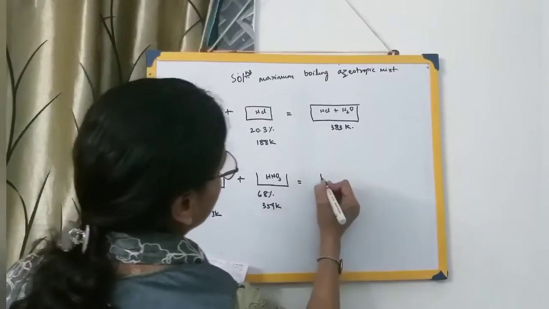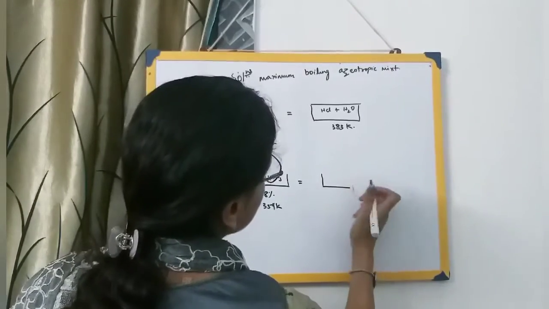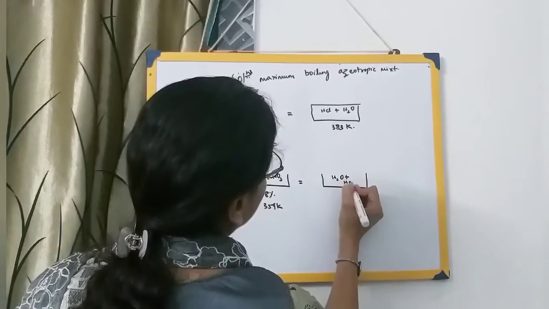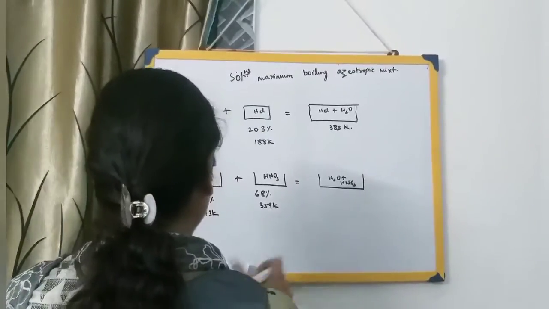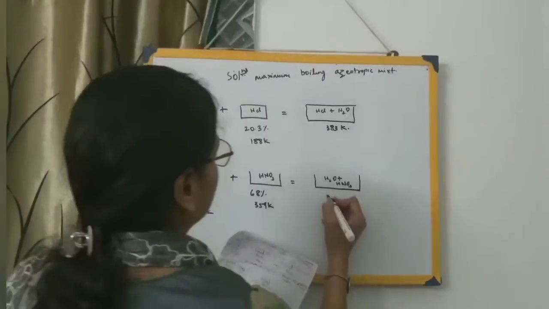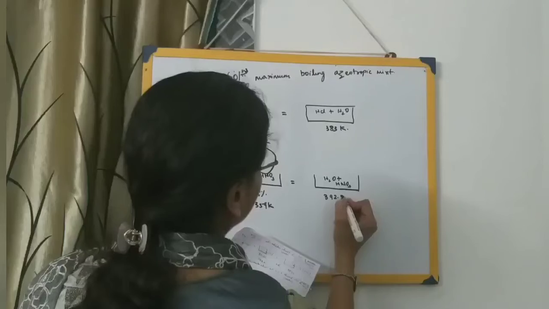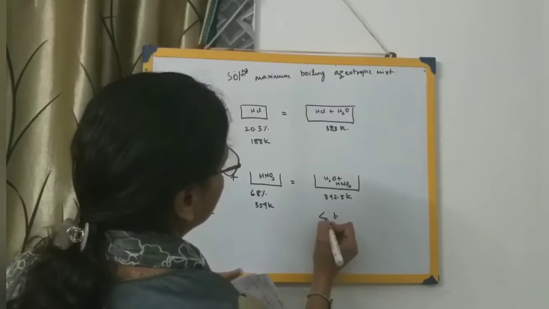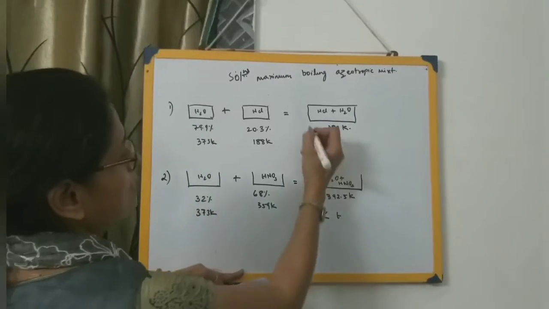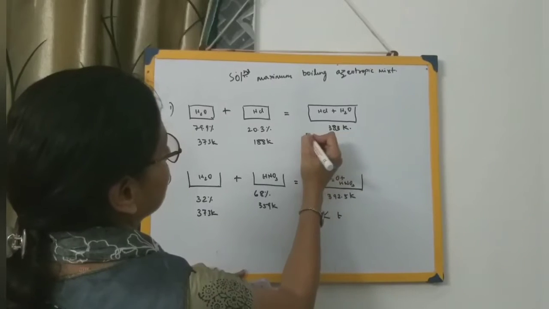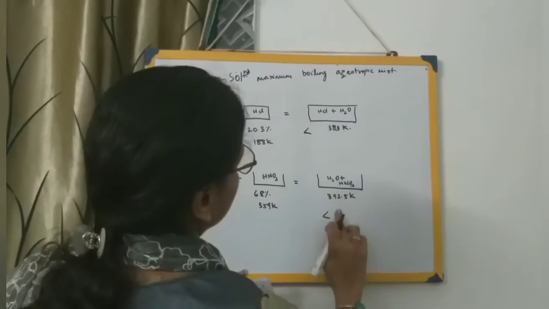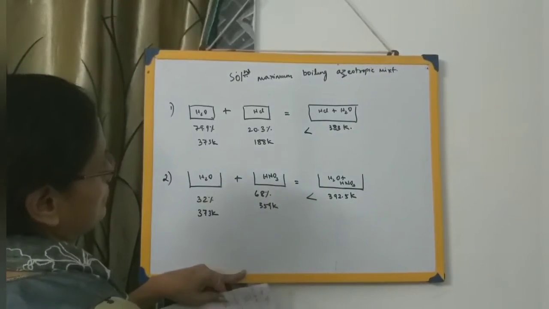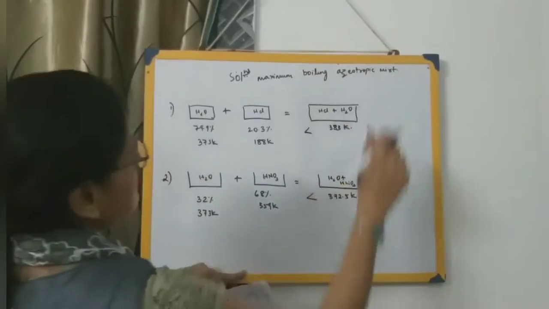And the solution which we get from here, that is water plus nitric acid, H2O plus HNO3, will be boiling at 392.5 Kelvin. So again the temperature of this is higher as compared to these two temperatures. Look here, I am just showing it over here. This temperature is higher as compared to this temperature. So this is forming the maximum boiling azeotropic mixture.